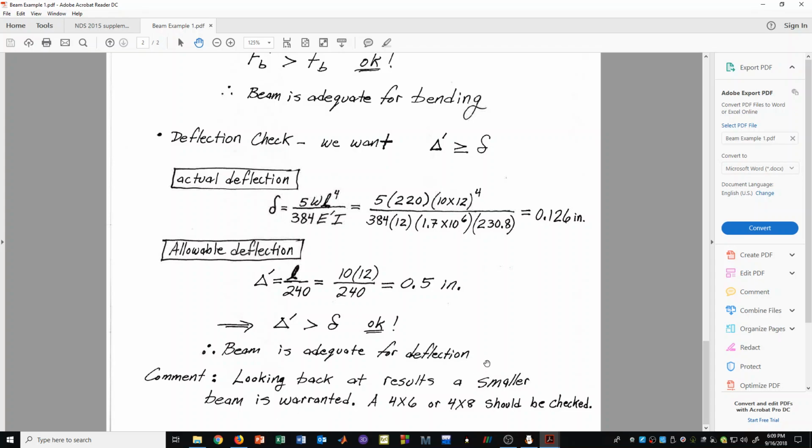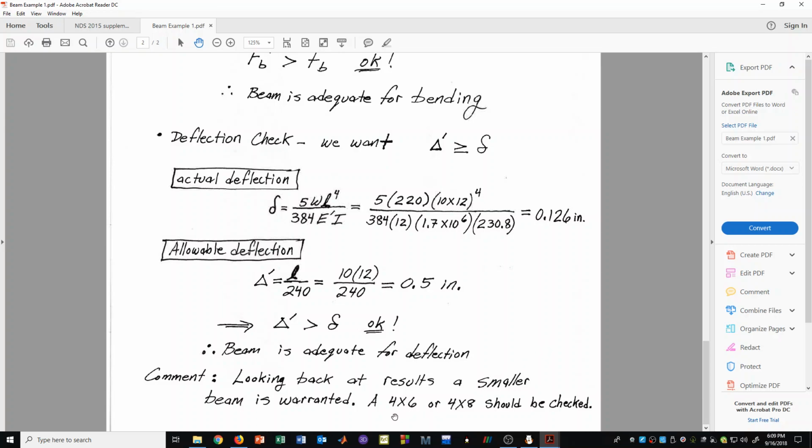It would certainly be okay for us to use a 4x10, but it's very likely that either a 4x6 or a 4x8 would work. That would be a very good exercise for someone to go back through this very same process and see whether or not one of these smaller beams would work. That would save some weight of the beam and also allow you to have a beam that maybe would cost a little bit less.